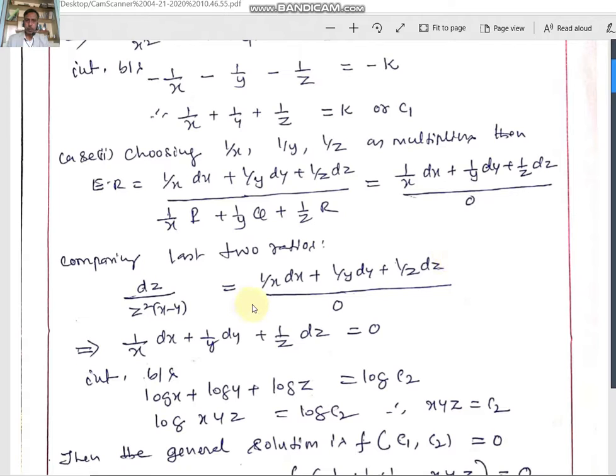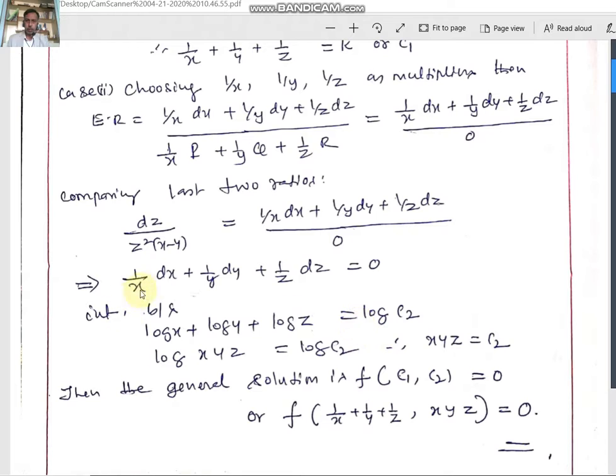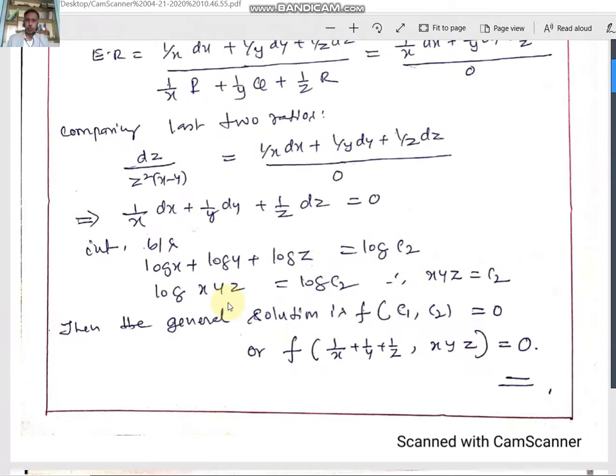And take one of the ratios on the left-hand side and the last ratio, cross multiplication gives 1 by x dx plus 1 by y dy plus 1 by z dz is equal to 0. You can easily integrate each term. Integral of the first term is log x, second term log y, third term log z. The integral of 0 is a constant, log c2. Simplify, you will get log xyz is equal to log c2, or xyz is equal to c2.